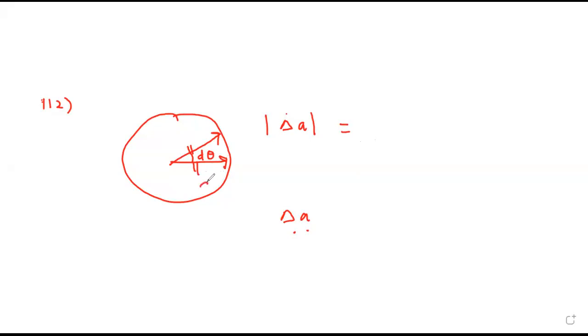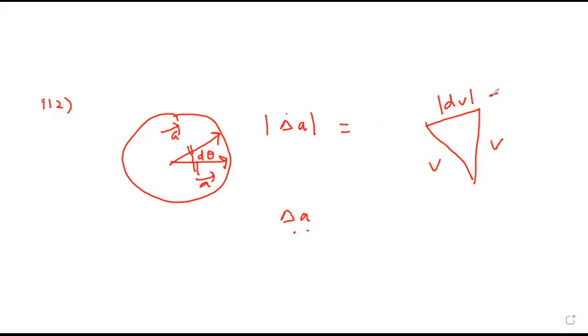A vector A bar is turned without changing its length by an angle delta theta. Then what will be the change in magnitude, delta A? If you recollect that formula, this is V, this is dV, in fact the magnitude of dV.